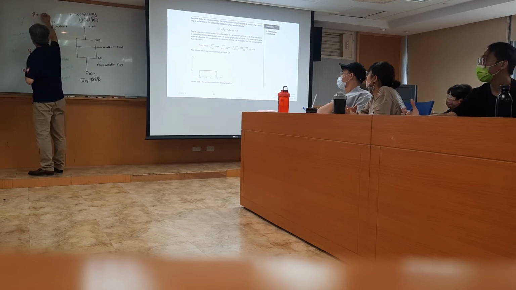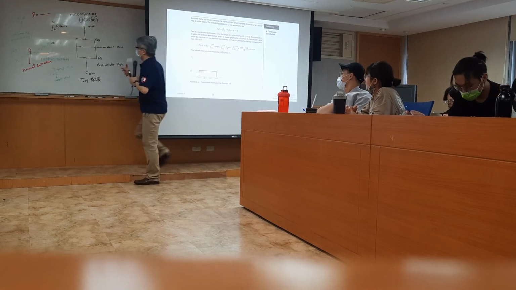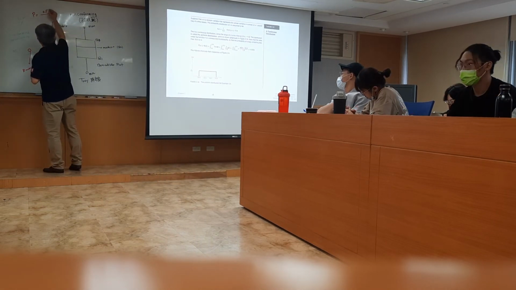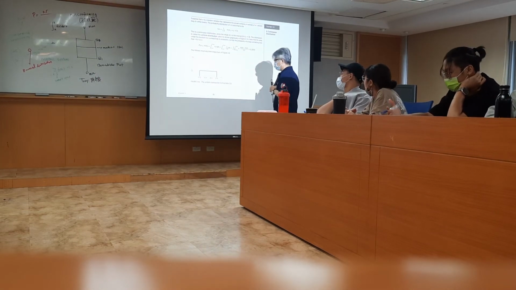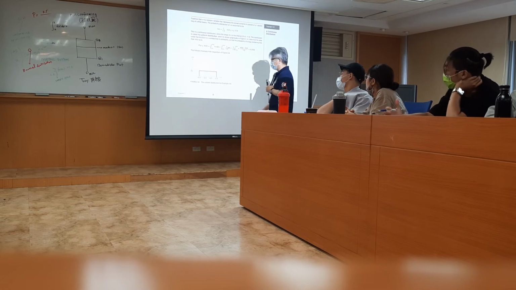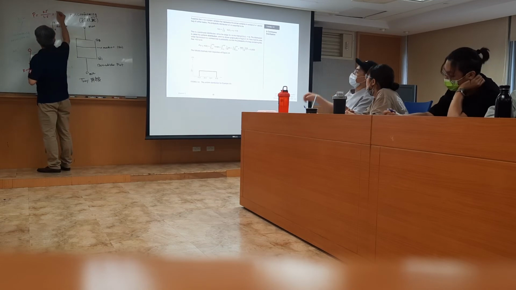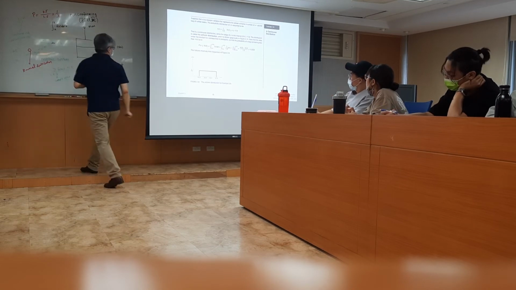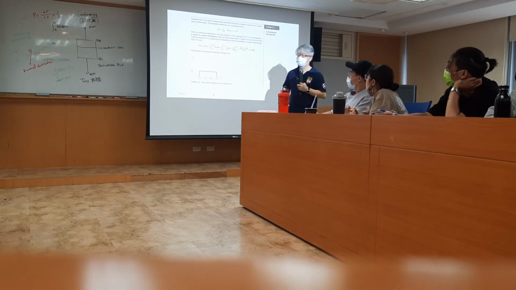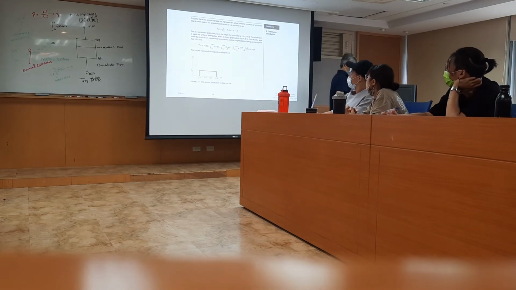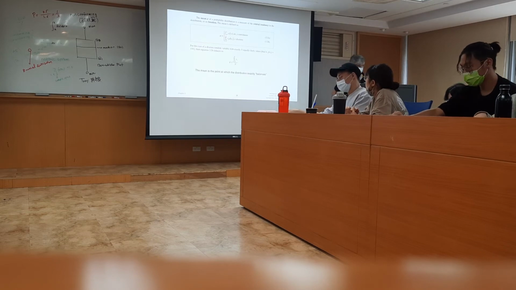The probability is the 0.5 in the numerator, and what is the length of the whole interval? 1.5, right? So it's going to be 1/3. Okay, done.